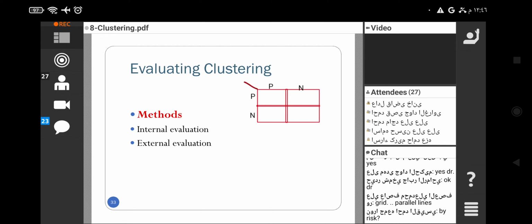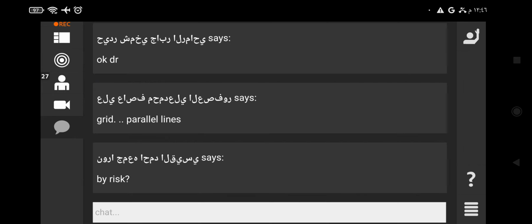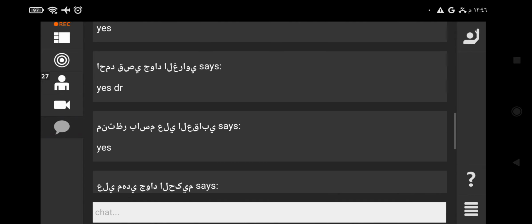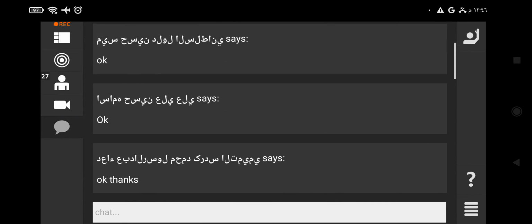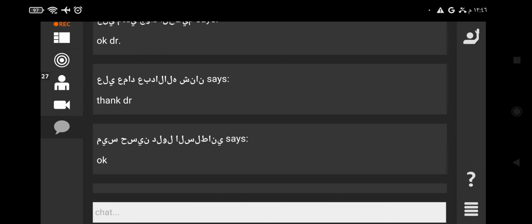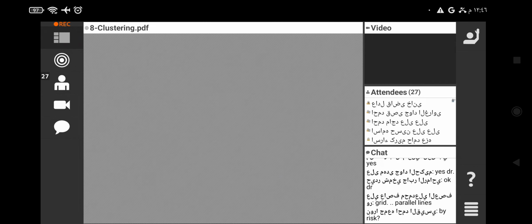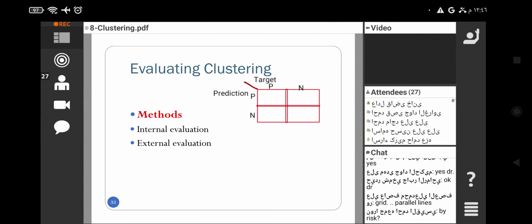This is target, and this is prediction. Target is the label of data, it could be positive or negative.